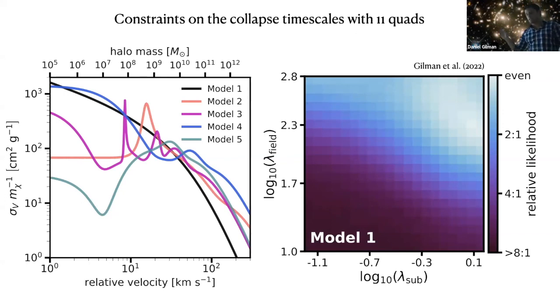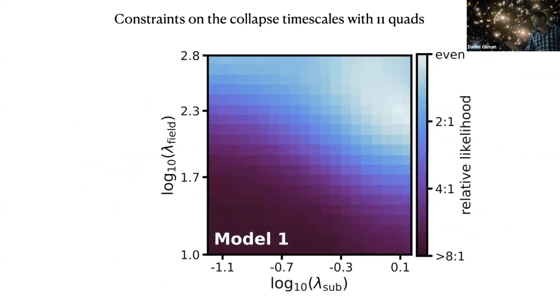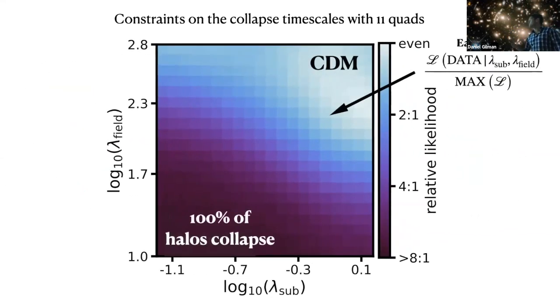And what you get out of this analysis is constraints on the relative likelihood of the time scales. All right, so I'm going to explain how to read these plots now. First of all, every pixel is the relative likelihood of that combination of core collapse timescales relative to the most likely combination. So this is a map of the relative likelihood. Cold dark matter lives in the upper right.